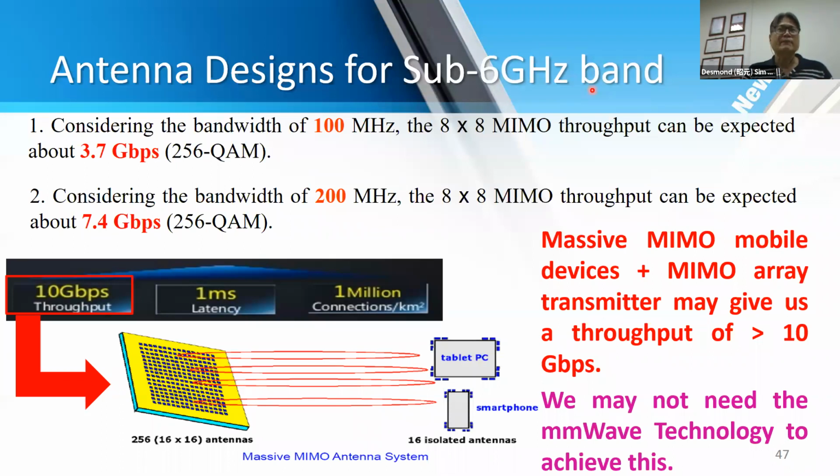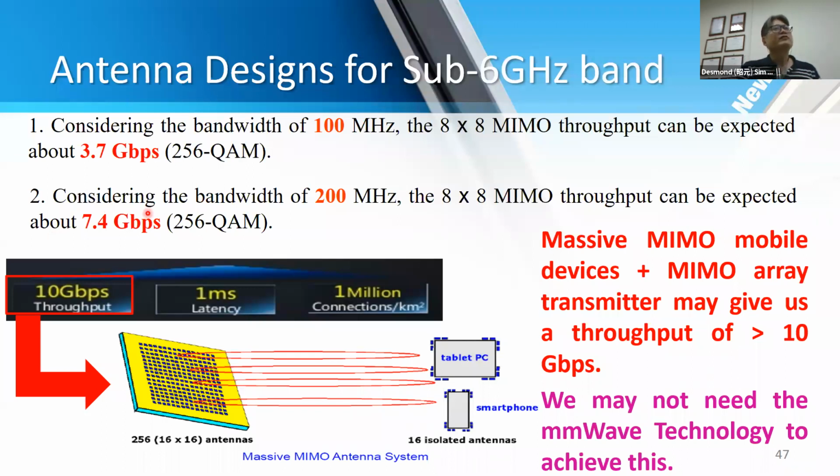And at the same time we have a high QAM of about 256, and our throughput can be expected to be 3.7 gigabits. So if we increase the bandwidth to 200 megahertz, as I said before, then the 8x8 MIMO throughput for 256 QAM will be up to 7.4 gigabits.